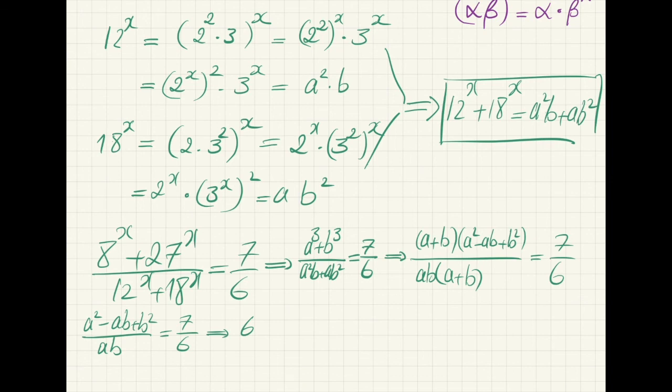So I will get 6a squared minus 6ab plus 6b squared is equal to 7ab. So if I move 7ab to the left, then it becomes 6a squared minus 13ab plus 6b squared is equal to 0.